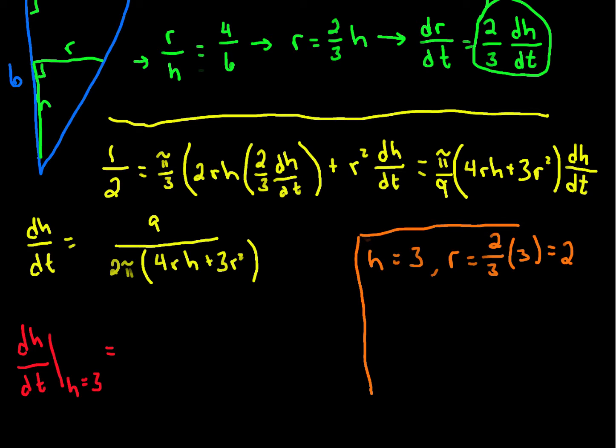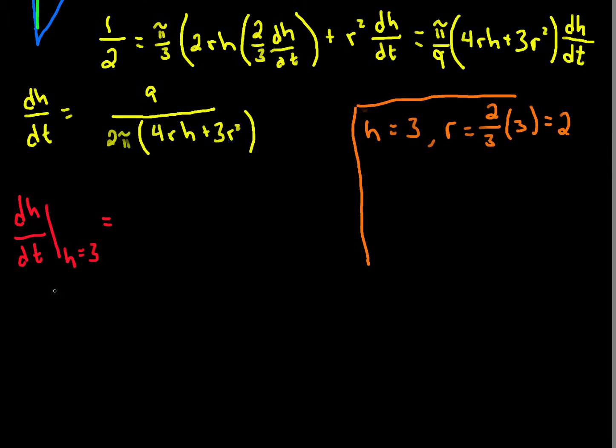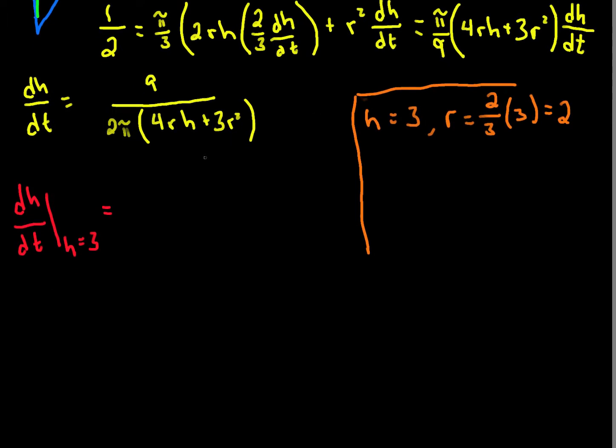Okay, so we know what r is when h is 3, so this equation then becomes 9 divided by 2 pi times 4 times 2 times 3 plus 3 times 2 squared.